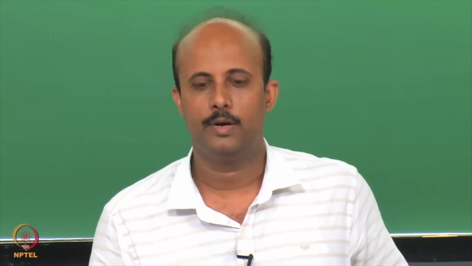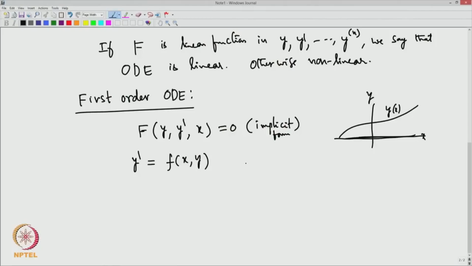You can look into the syllabus, the textbook, the reference books, to see how certain implicit equations can be solved, if you are interested. Otherwise, if you want solution methods for many equations, you want them in an explicit form, y' equal to f(x, y), where f is an arbitrary function.